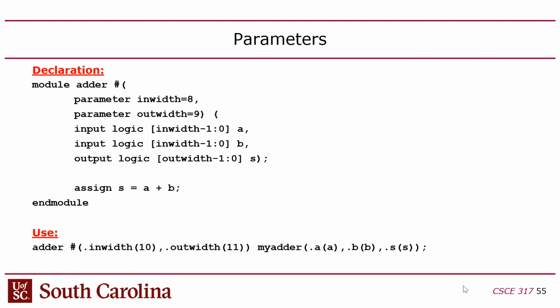Now this is why it confuses me, because if you look up here, you've got module, adder, then your parameters, and then immediately following the parameters, you have your pins, right? But when you use it, it's the module name, then the parameters, then the name of the instance, then the pin map. So notice that the name comes between setting the parameters and setting the inputs and output ports.